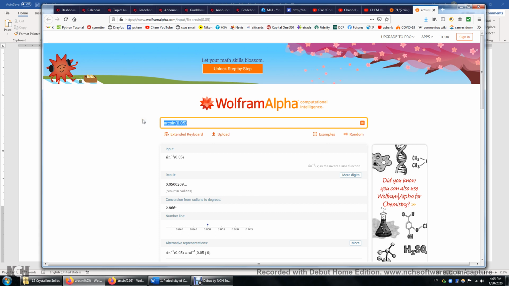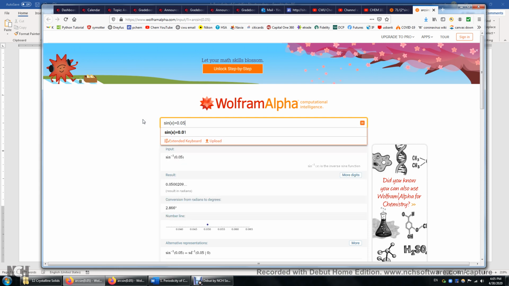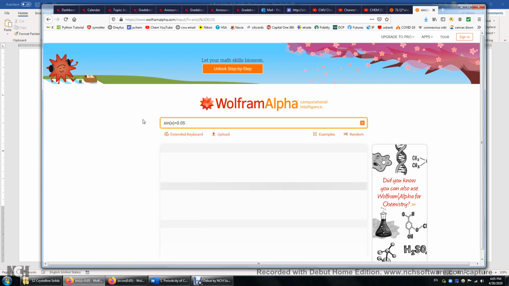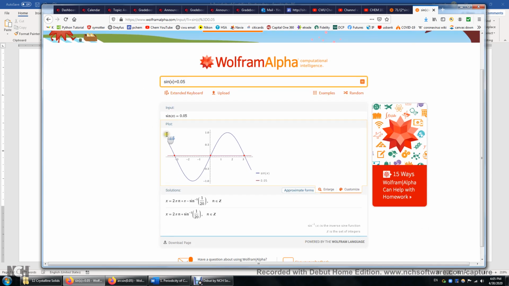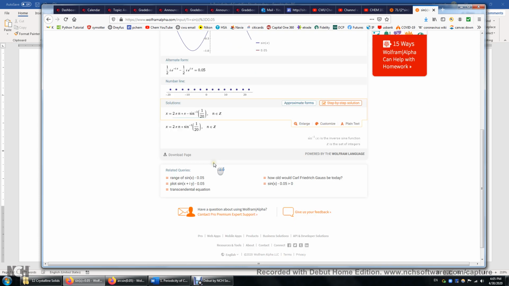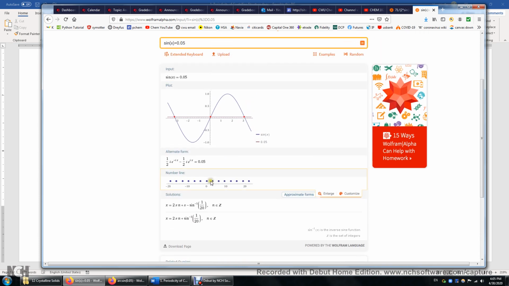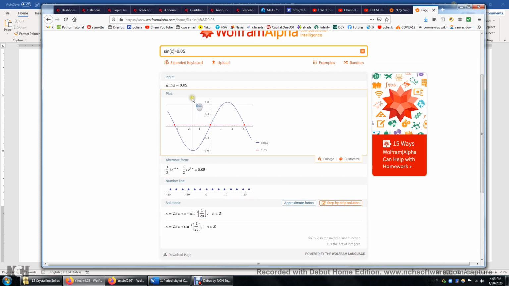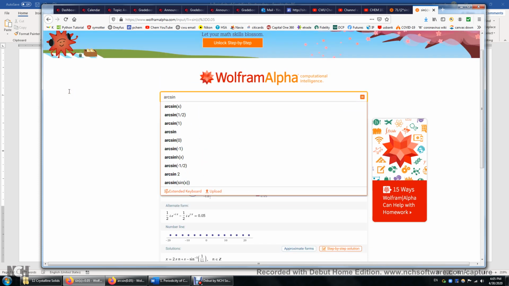And I think there's another way to do it. I'm going to just say sine x equals 0.05, because it's very hard to type theta, and then give me the answer. Okay, it didn't give me the answer, so let's get back to arcsine.